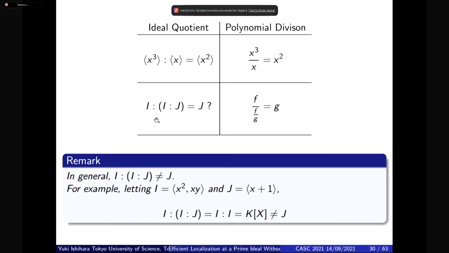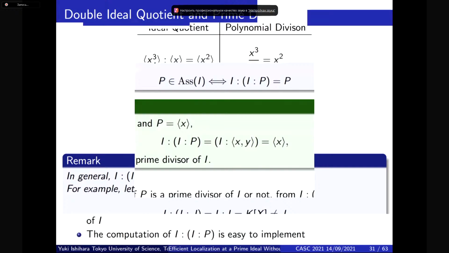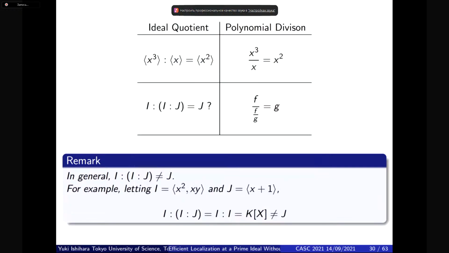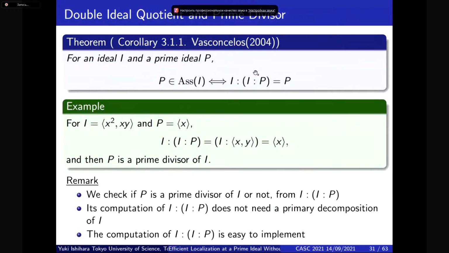When this equation holds, the answer is here. The equation of the double ideal quotient holds if and only if P is a prime divisor of Y, when P is a prime ideal.